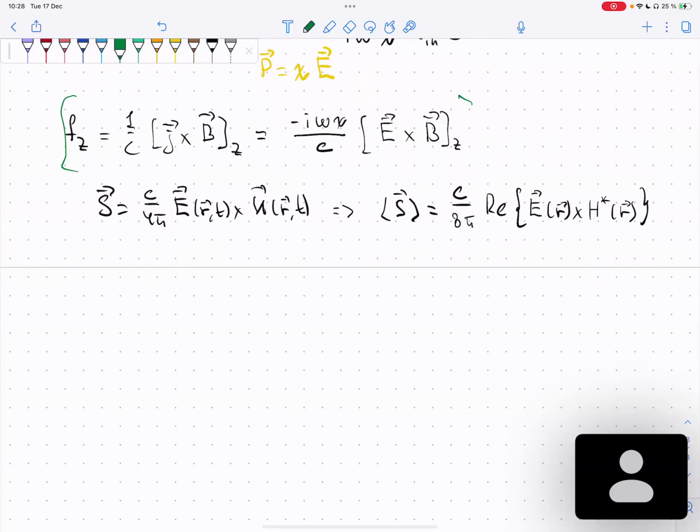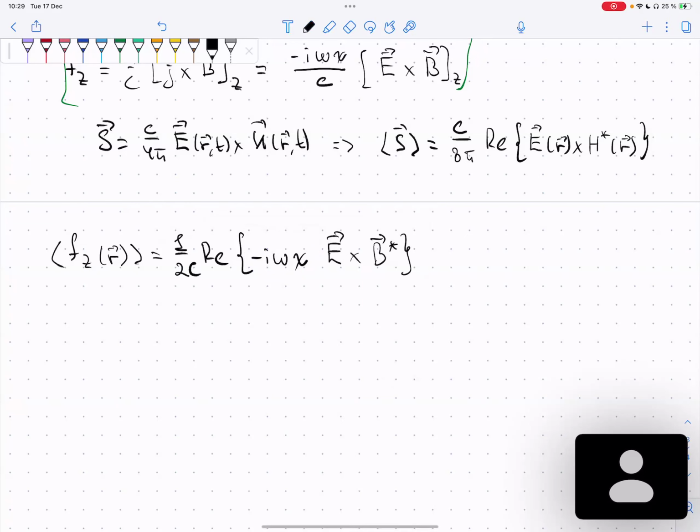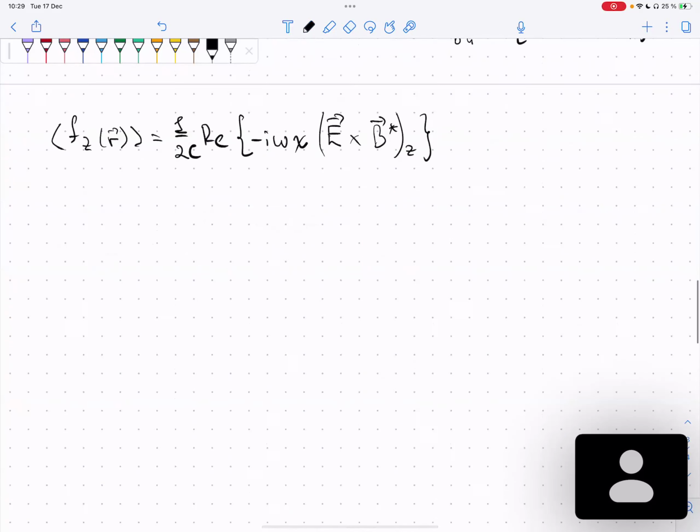So here the time average Fz of r will be equal to 1 over 2c real part of minus i omega chi, electric field multiplied by the complex conjugated magnetic field, and we need to take only the z component of this product.